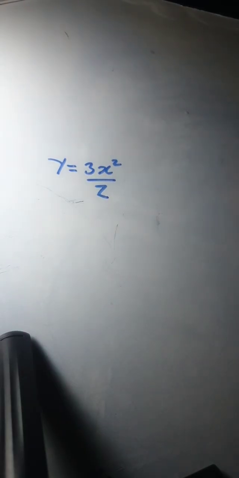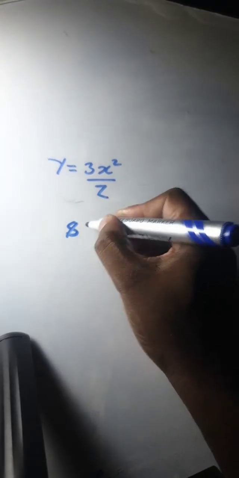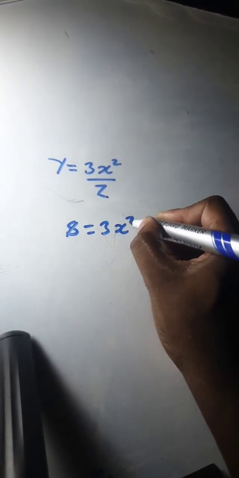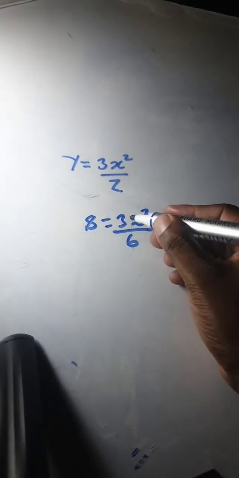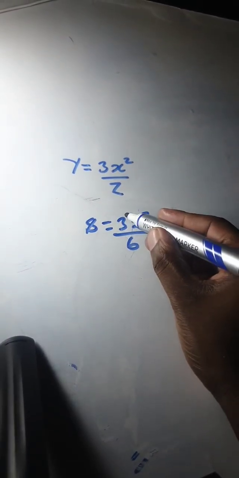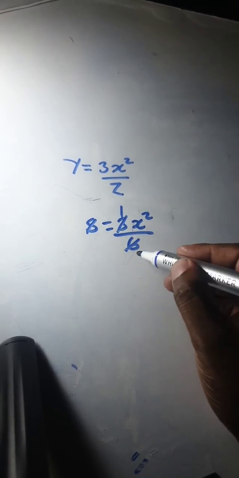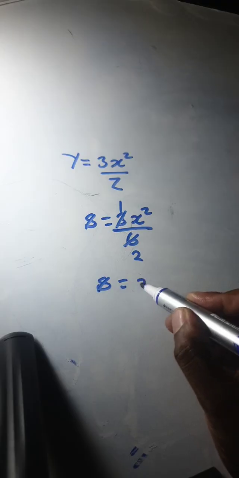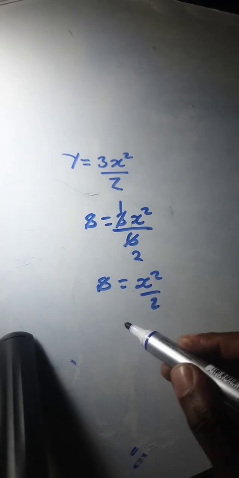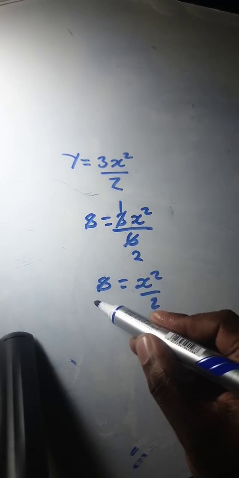Let's do this. Our y is 8, our z is 6, which of course we can simplify. We say 3 there, 1; 3 there, 2. So now we have 8 is equal to x squared over 2. Since there's a fraction, we can say 8 over 1.